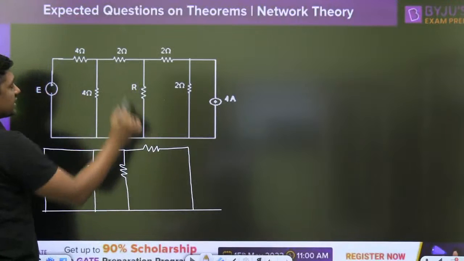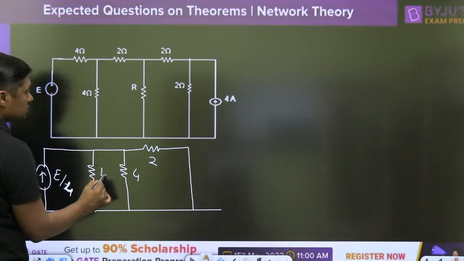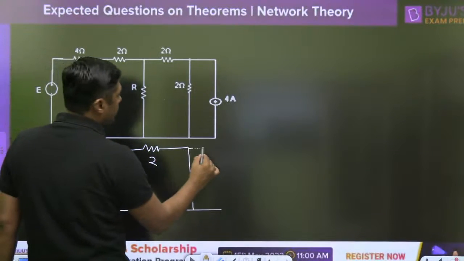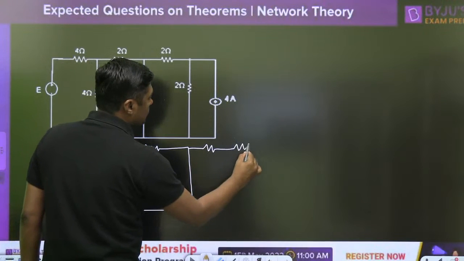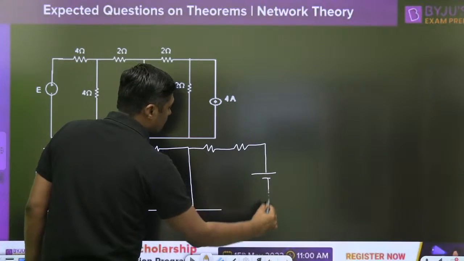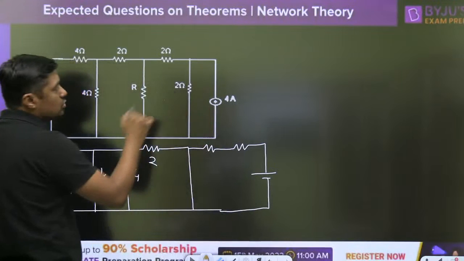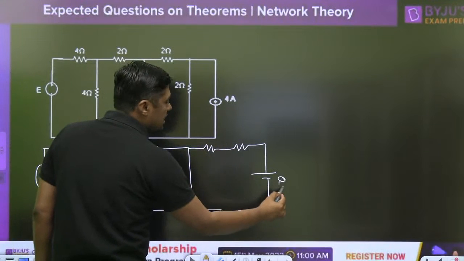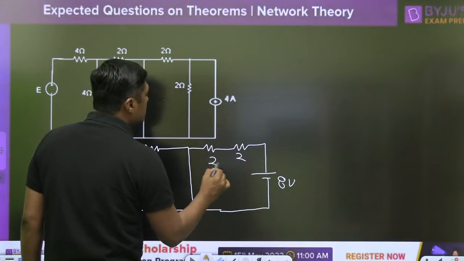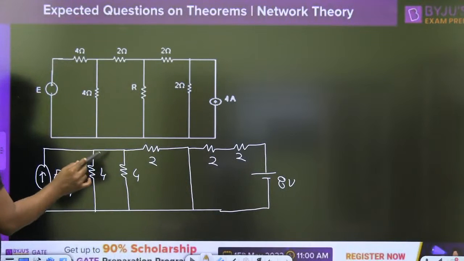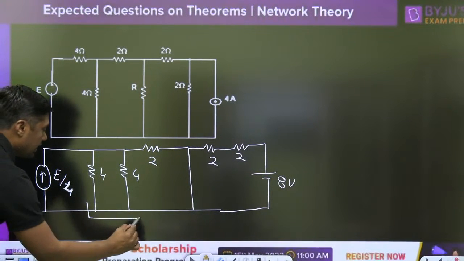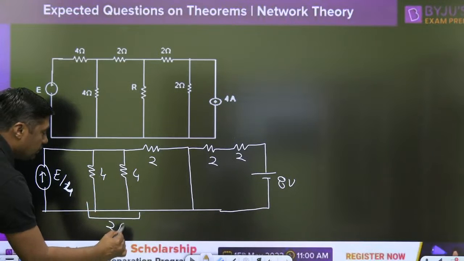This R will act as a short circuit. This current source is converted into a voltage source. This is the 8 volt. This is the 2, this is the 2, the two are in series. Now this 4 and 4 are in parallel, so it will become 2 ohm.